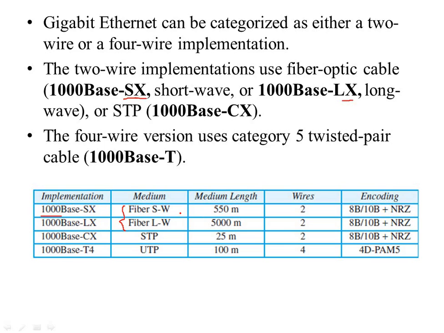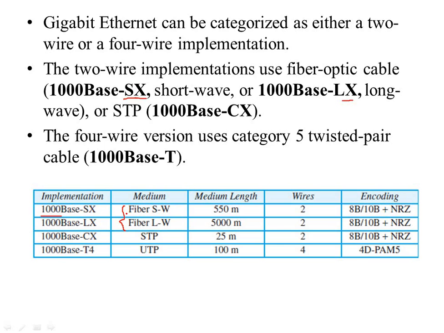Short wave and long wave, you have already gone through in your communication techniques. What do you mean by short wave and what do you mean by long wave? You might have studied in subjects like radar and microwave technologies and electromagnetic techniques. So you know the concept of short wave and long wave, so I'm not going to discuss it.